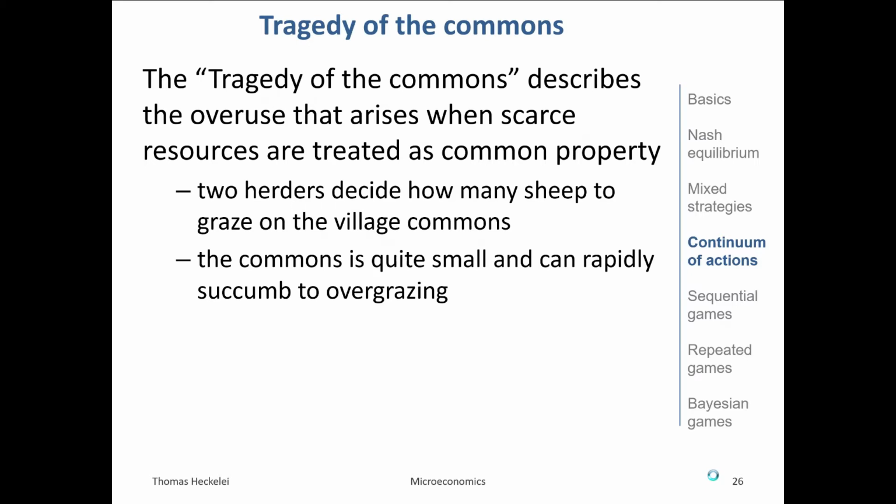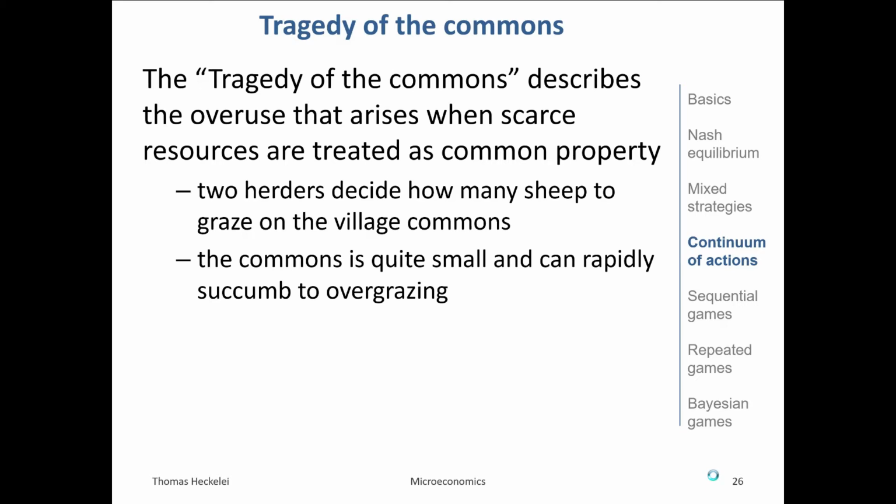The problem arises when this common area is usually small, limited, and can easily succumb when overgrazing occurs. So what happens when they put too many sheep on this area? The resource is depleted, right? And it could at the end harm both parties because they can't graze the sheep anymore.